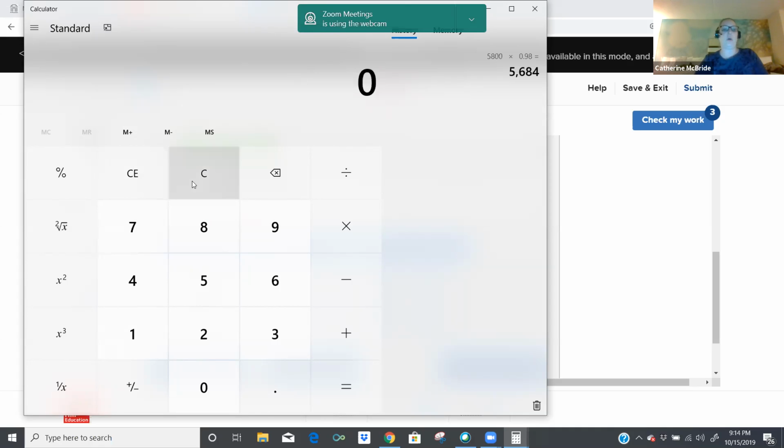Now, if I owe $5,800, what is my discount? Wait, that's not right. 2%, oh, 5,800 times 0.02. There we go. $116 is my discount. Okay, so I'm going to write them a check for $5,684.